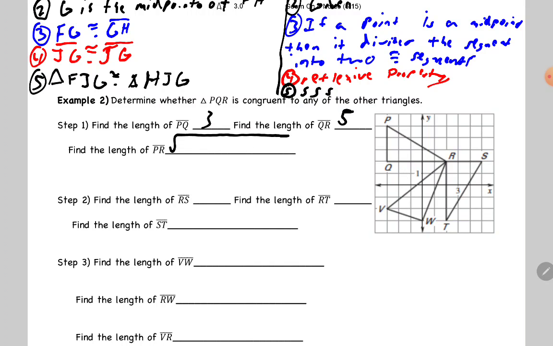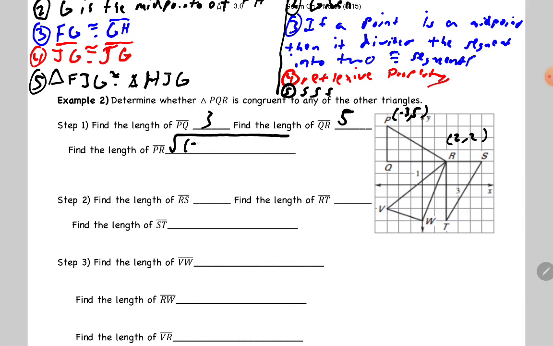Okay. So I need to label my points here. P is at -3, 5. And R is at 2, 2. Okay. So I'm just going to do top minus bottom.